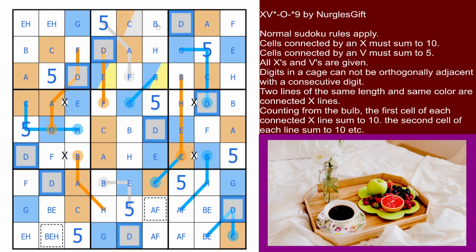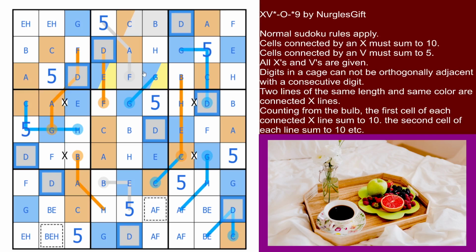D, of course, B is not. F is not. So D and H, we already know they are partners, and both B and F are not. So D is high. You got what I'm saying?